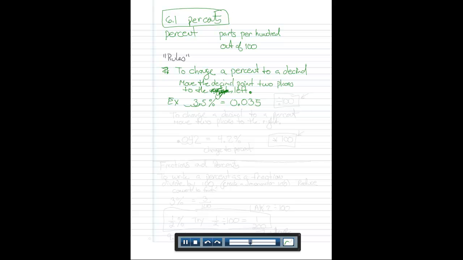Now sometimes they'll give you the decimal. I want you to go back the other way. So we're going to move 2 places to the right, the vice versa kind of thing.